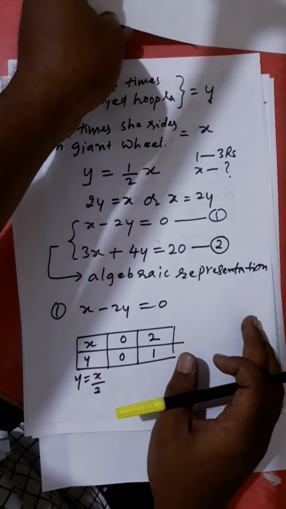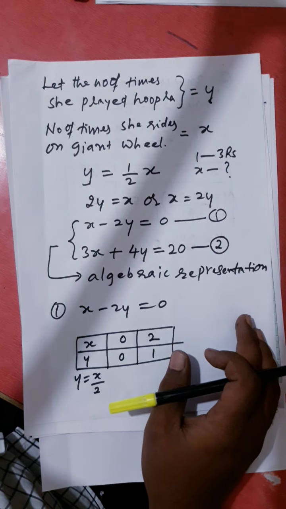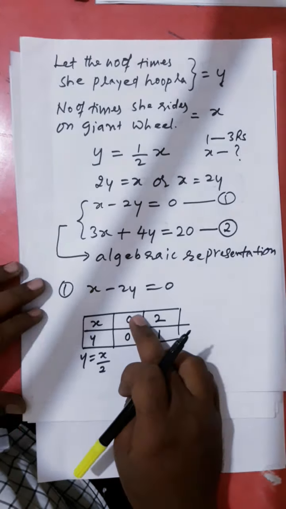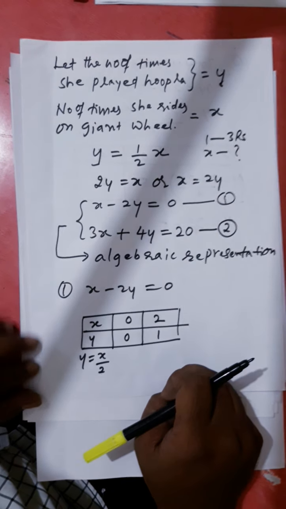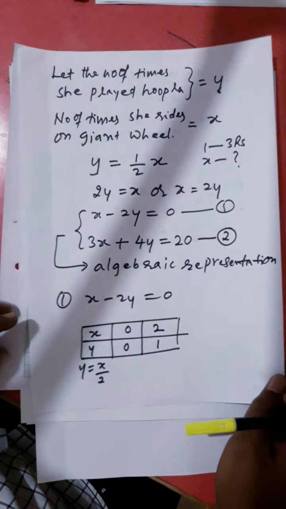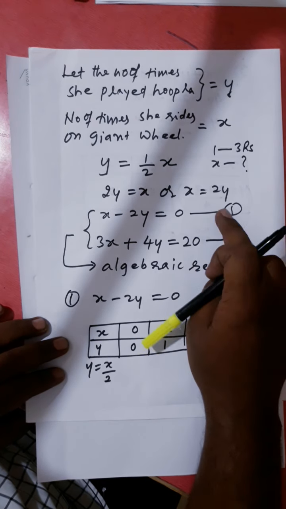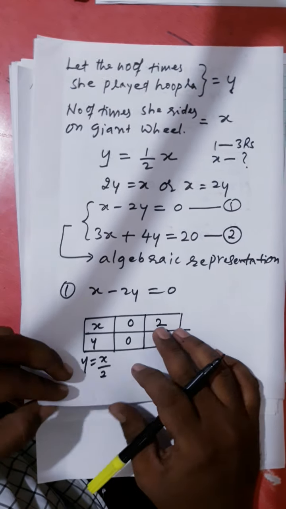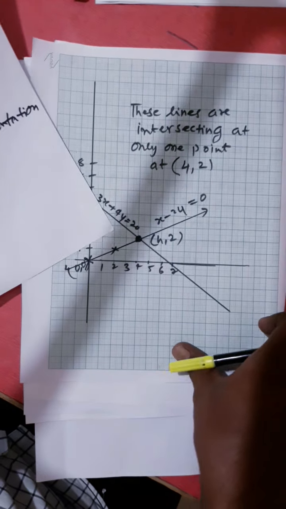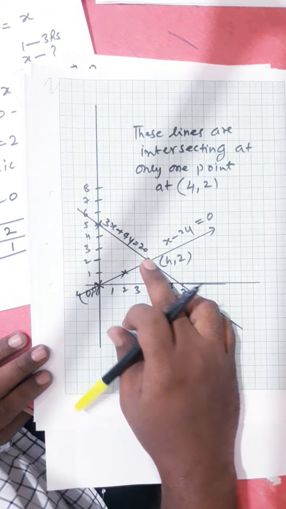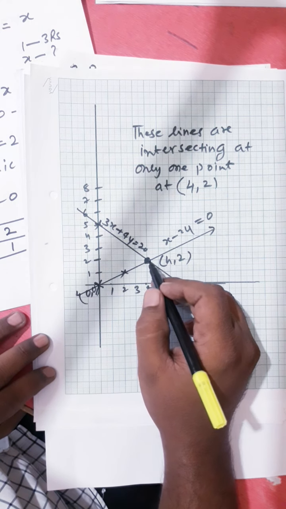Then for this, I have made two equations like this, and by taking two sets of values of x and y, we have drawn the graph. After drawing the graph, what we understand is, these two lines were observed to intersect at a point. At one point they are intersecting.